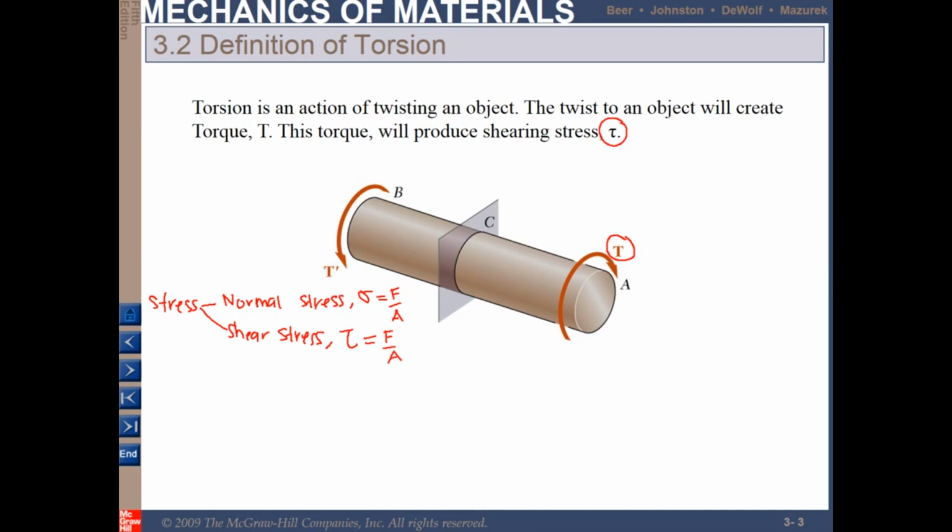So normal stress is the condition in which, for example, you have a solid cylinder or solid shaft like this, and then you pull this shaft at both ends with loads.